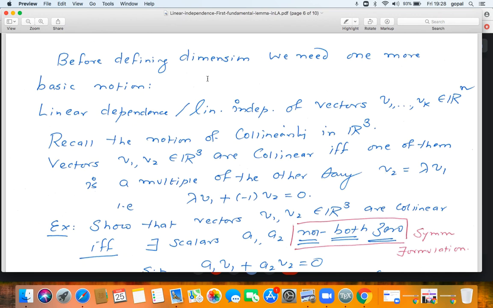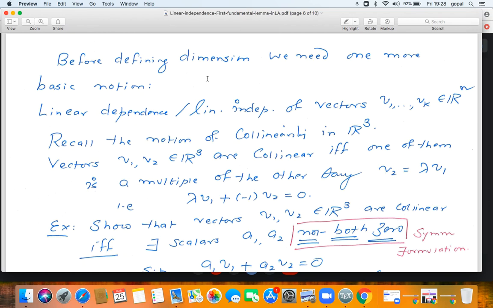So from your basic geometry, look at the notion of collinearity in R3. Suppose I take 2 vectors V1 and V2 in R3. We say that V1 and V2 are collinear if one of them is a multiple of the other. Say V2 is lambda V1, for example; I could rename the vectors, so I could call one of them V2 and the other V1, and V2 is lambda times V1, or V1 is mu times V2, whichever way we want to think about it.